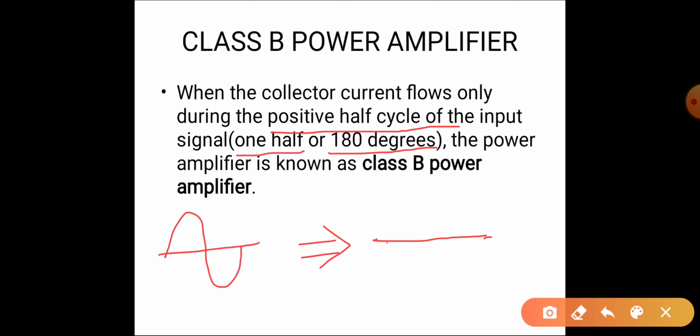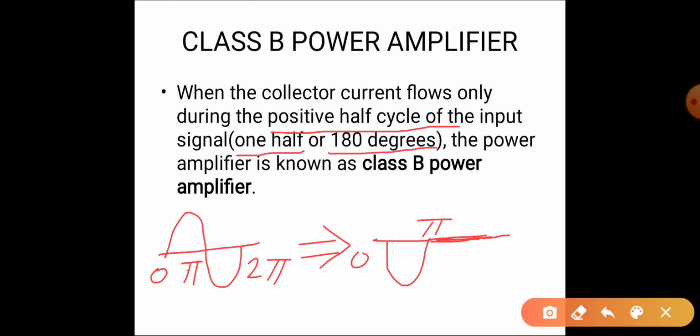For the other half cycle, the output will be 0. So, we will only get 0 to pi in the output section. Here we have 0, pi and 2 pi. So, we will only get the half cycle.